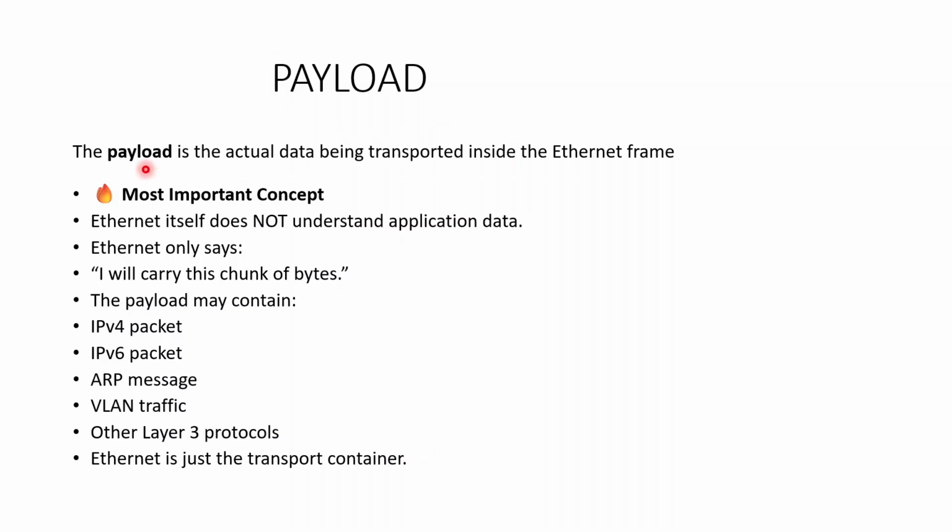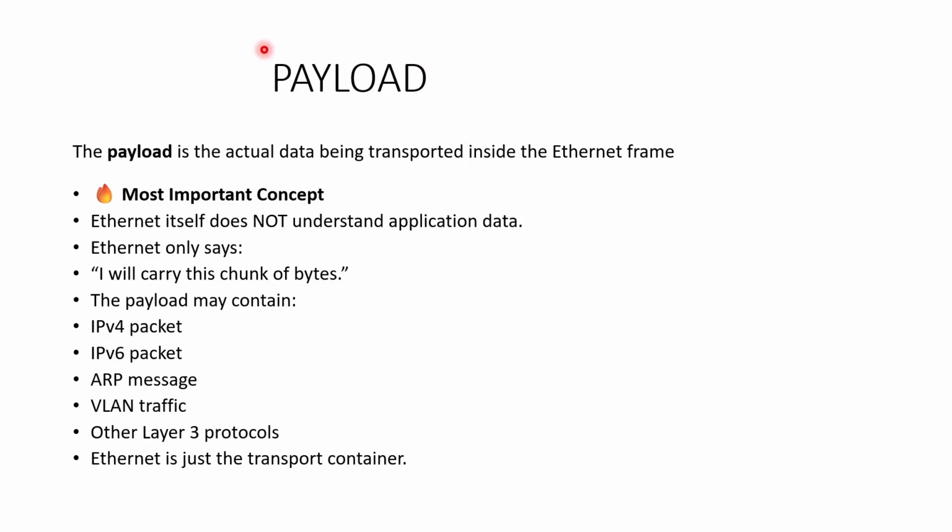Payload is the next field after the length or type. Now, the payload is the actual data that is being transmitted inside the Ethernet frame. The Ethernet itself does not understand any application data.